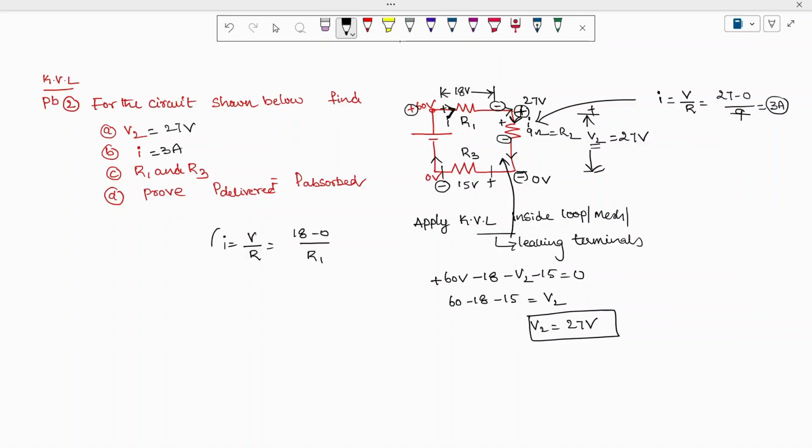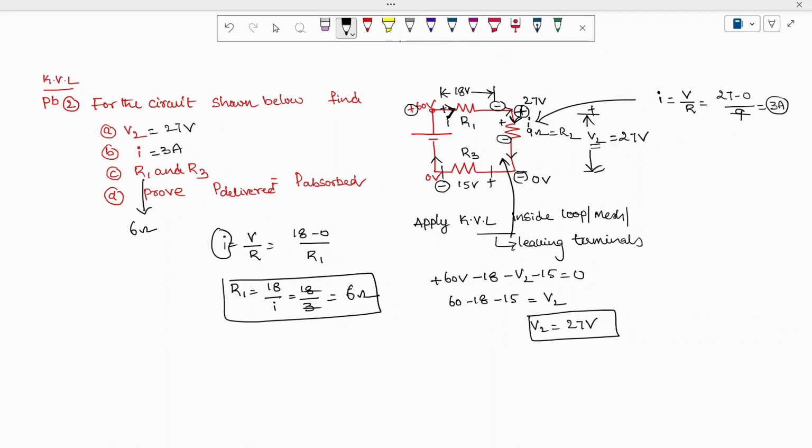I is already known, so R1 is equal to 18 by I. I is given as 3 amperes, so we get the R1 value as 6 ohms. 6 threes are 18.